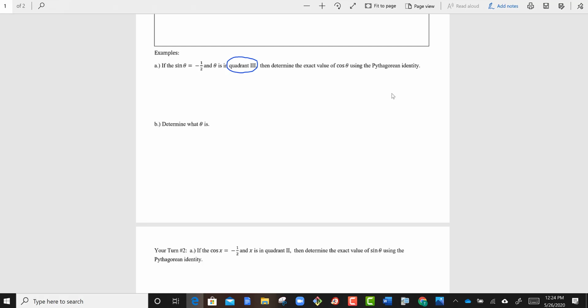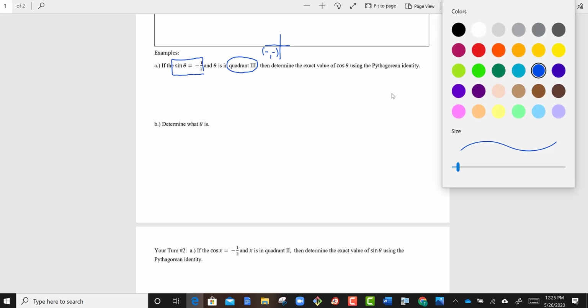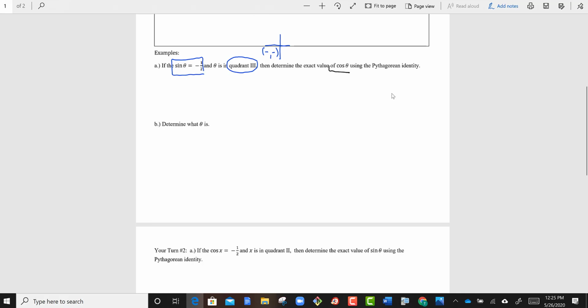Theta being in quadrant 3 is important because if we're in quadrant 3, both the x and the y, or the sine and the cosine, have to be negative. So the given sine is already negative. They want us to determine the exact value of cosine, and they want us to use the Pythagorean identity.